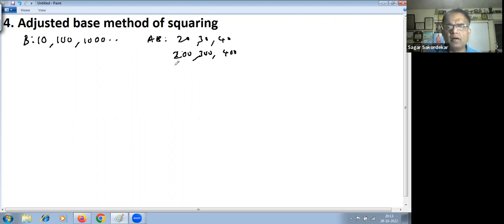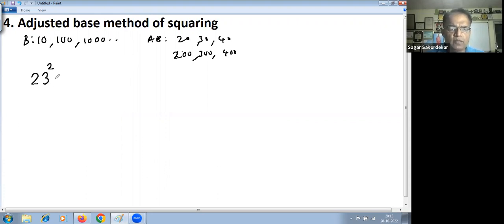Instead of 100, multiple of 100 and so on. If you have any number which is near to multiple of base, then you can use this method. For example, a simple example, we'll take 23. 23 we already did using squares of any 2-digit number. You can do it easily, but let's see whether you can use adjusted base method because you clearly know that 23 is very near to 20.